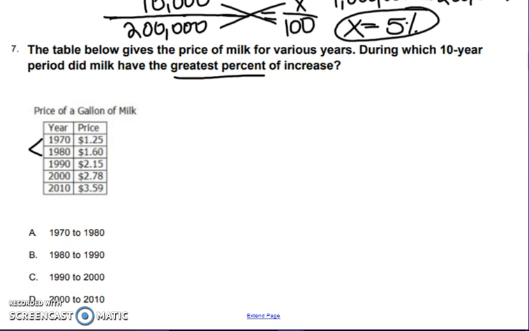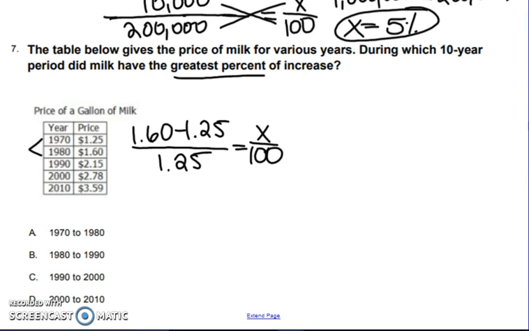Let's create our proportion. I have $1.25 and $1.60. The largest number is $1.60, and we're going to subtract the smaller one. If we're looking at years here, did 1970 come first or did 1980 come first? Obviously 1970 came first, so I'm going to put that under the denominator, and we're trying to find the greatest percent, so I'm going to call that x over 100.